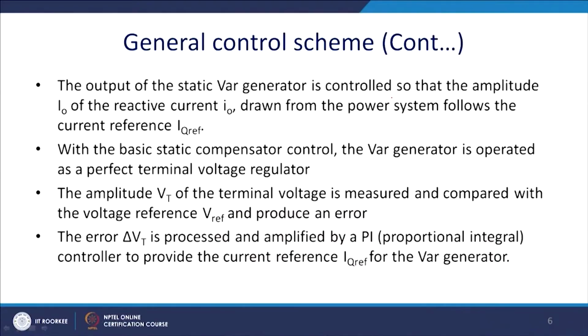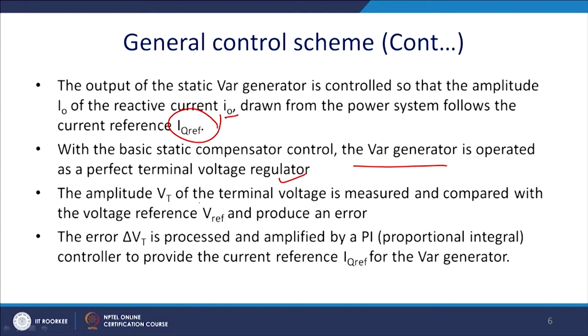The output of the static var generator is controlled so that the amplitude IQ of the reactive current drawn from the power system follows the reference current IQ ref. With the basic compensator control, the var generator is operated as a perfect terminal voltage regulator. So, that is something we have maintained.